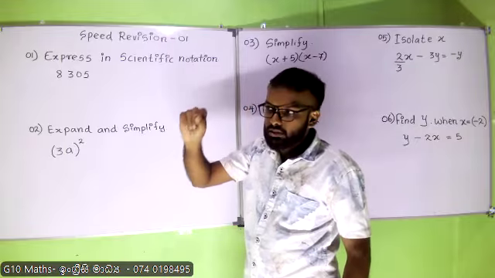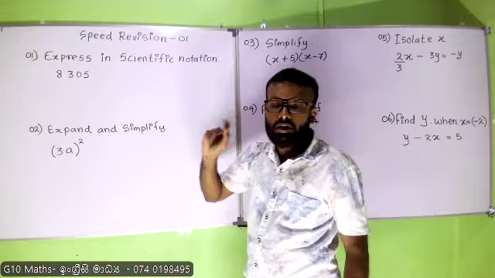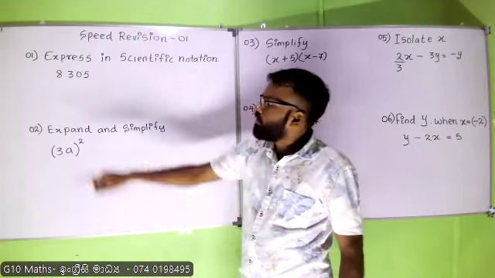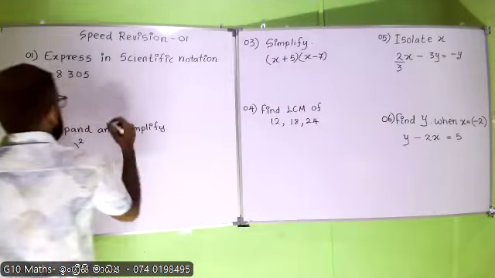Then after the ones place, you put a decimal point, then the rest of the numbers. If you allocate the ones place first, your answer would look like this.